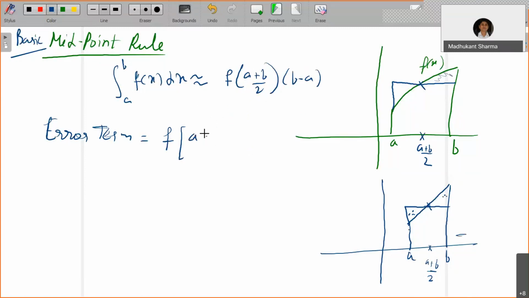So this is going to be f[(a plus b) by 2, x] times (x minus (a plus b) by 2).